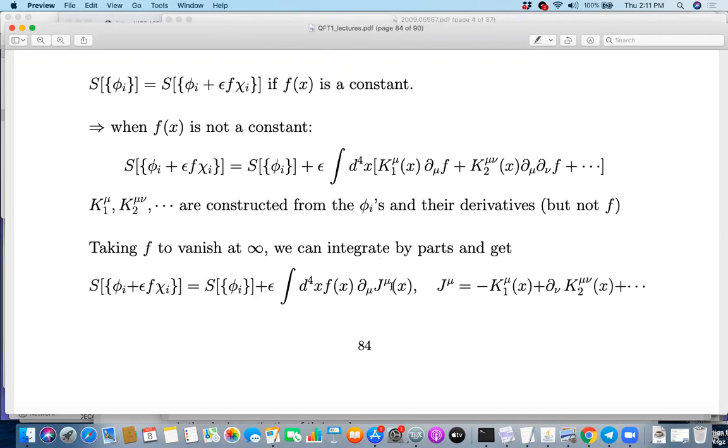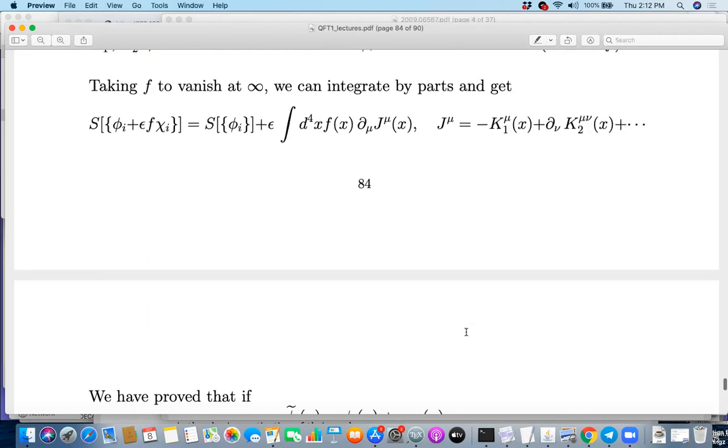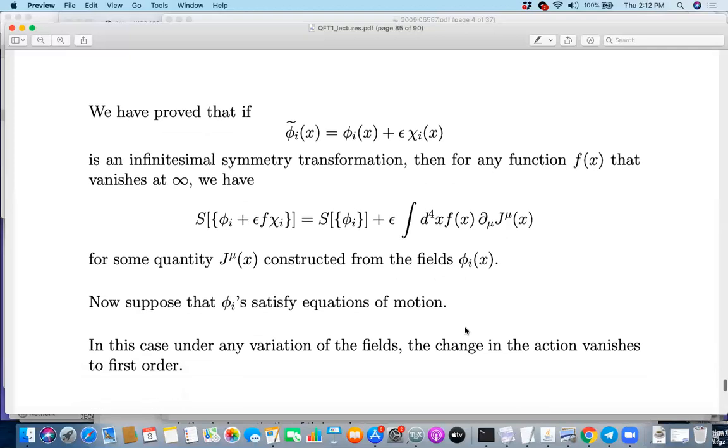But there is some j mu such that this relation holds. So this is what we have said here. So what we have proved is that if phi I tilde is phi I plus epsilon chi I, if this is a symmetric transformation, then for any function f of x which vanishes at infinity, we have a relation of this kind.